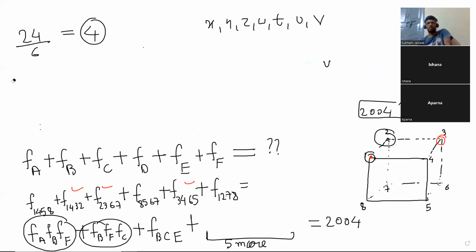Sir, when I wrote it, I saw that A was common in 4 terms and C was common in 4 terms. Yes, because everything is coming 4 times. So if you take the face A, then it is common in 4 terms. So is there a natural way to talk about those 4 terms?